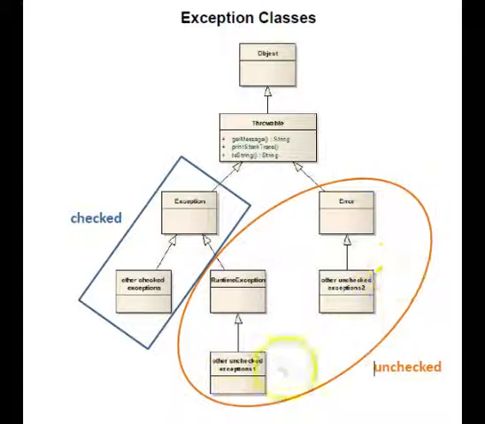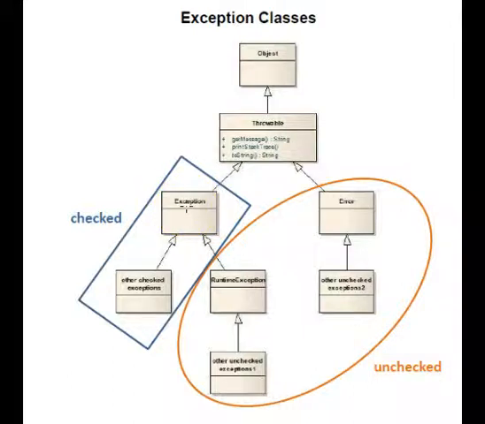The groupings here, the exceptions that include Error and its children and RuntimeException and its children, are all called unchecked. The Java compiler does not require that they be caught or that they be specified in the source code, and you will not get syntax errors for any exceptions that are of these types.